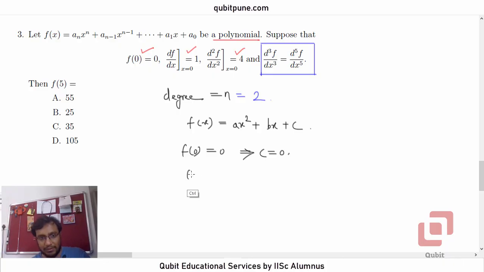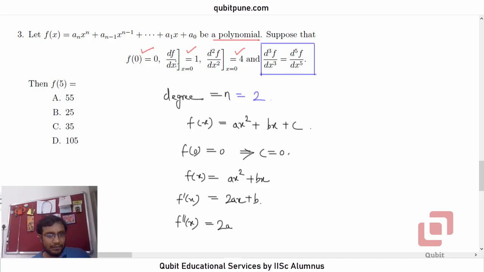So f of x is ax squared plus bx. Now what will f dash of x and f double dash of x be equal to? Okay, f dash of x will be 2ax plus b and f double dash of x will be 2a.